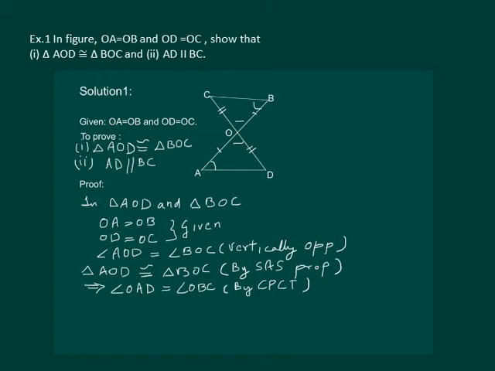But angle A and angle B are also the alternate angles, so we can say that AD is parallel to BC.